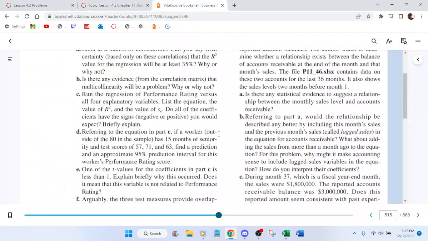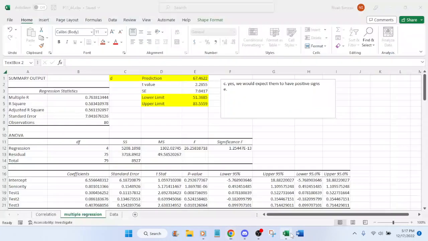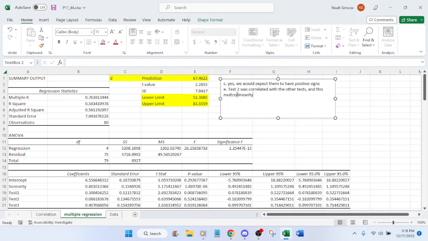Test 2 was correlated with the other tests, and this multicollinearity resulted in the high p value.